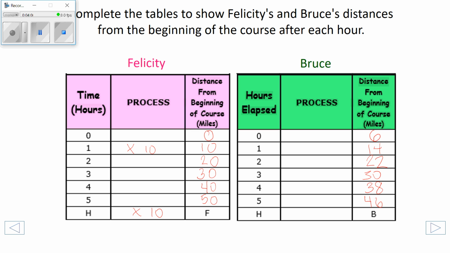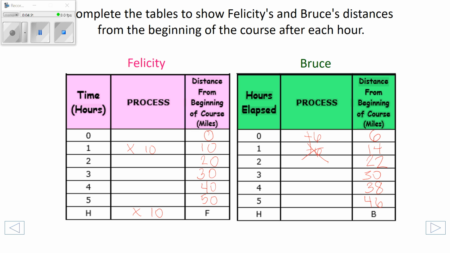This is where he started at 6, and because his rate was 8 miles per hour, he was here. But the weird thing is here in my process, I can't really do +6. It works here, but that doesn't work here. So we have to start to think something else is going on, right?